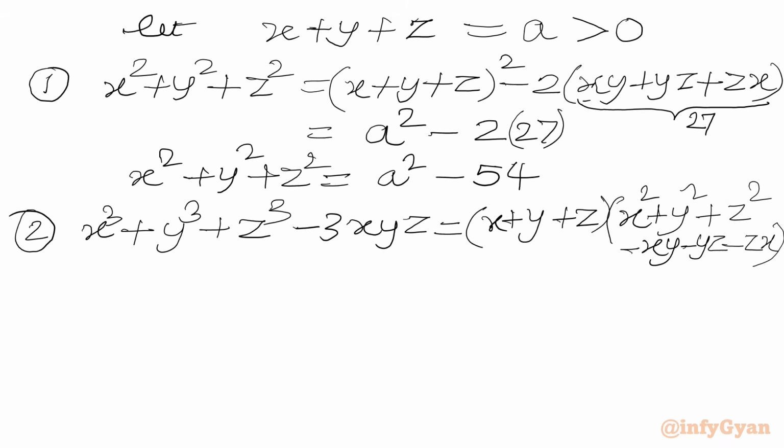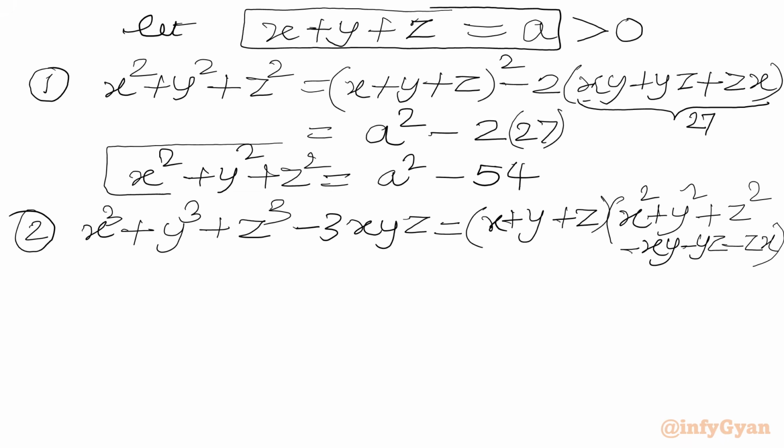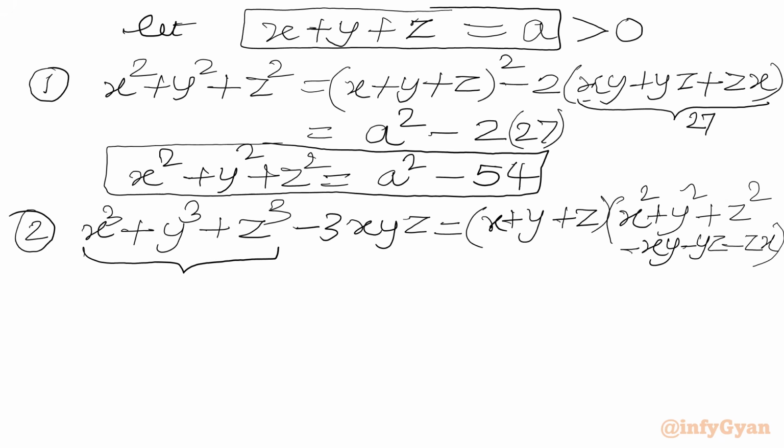Bracket close. Now we will apply all the known values. So first of all, x plus y plus z is a. The second value, x square plus y square plus z square, is equal to a square minus 54. x cube plus y cube plus z cube is our equation 1, the value is 81. xyz is our equation number 4, the value is equal to 27.